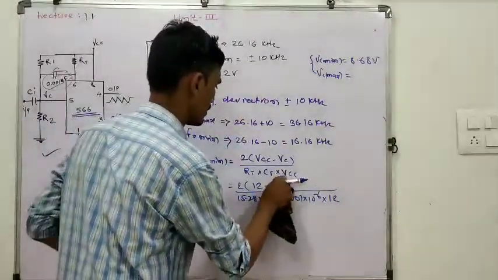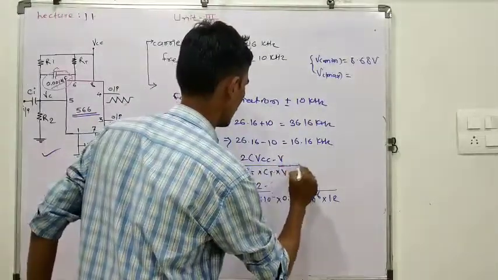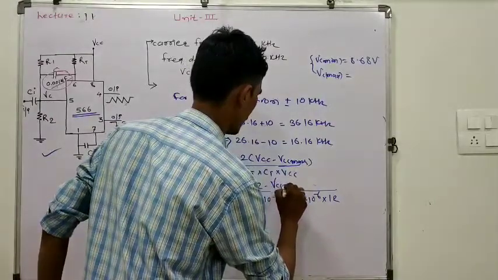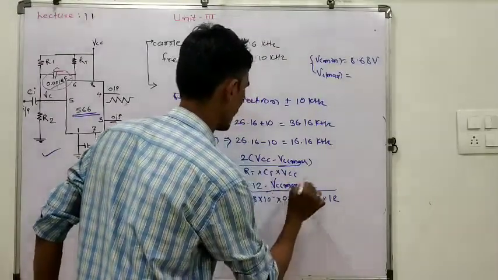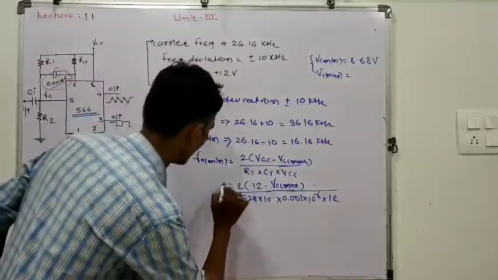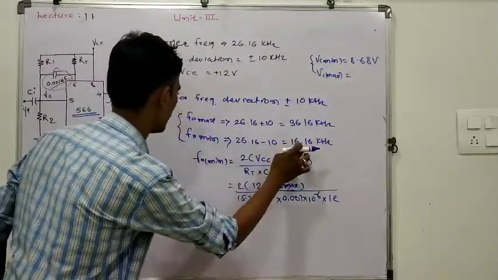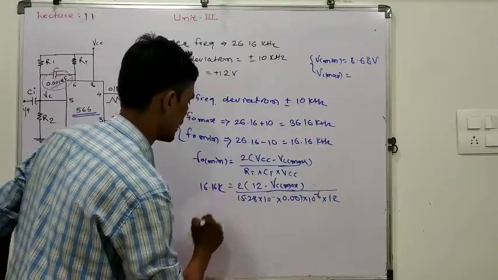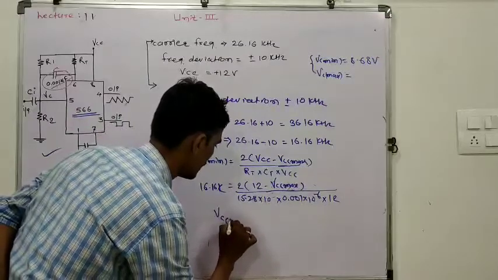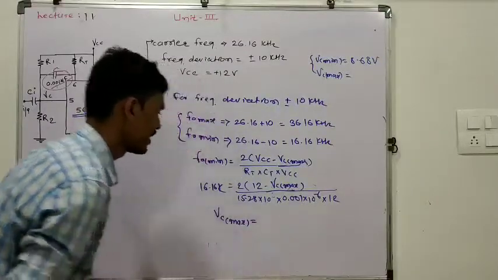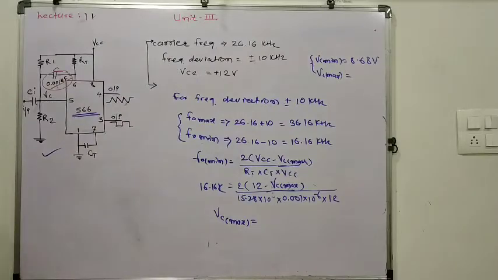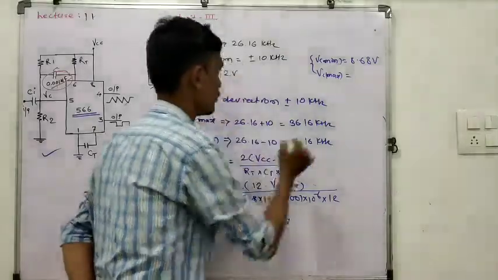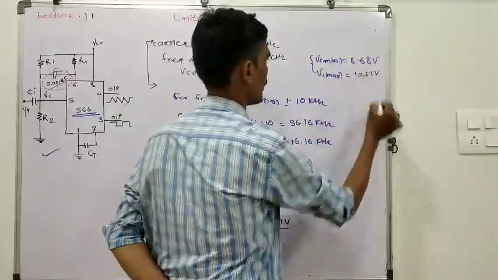Sorry, Vc here it is Vc max. This is the generalized formula by putting Vc, and this is the F0 min, 16.16 K. So for Vc max we get the value of 10.51 volt.